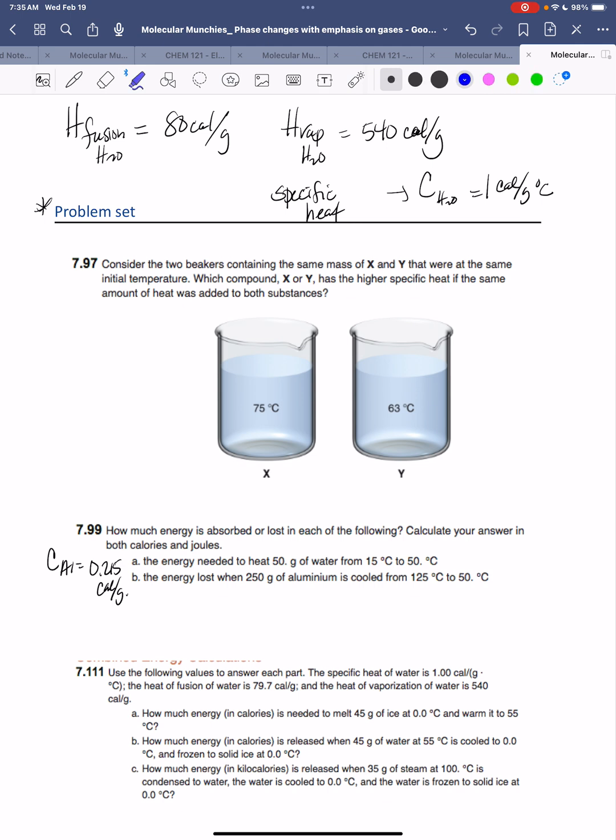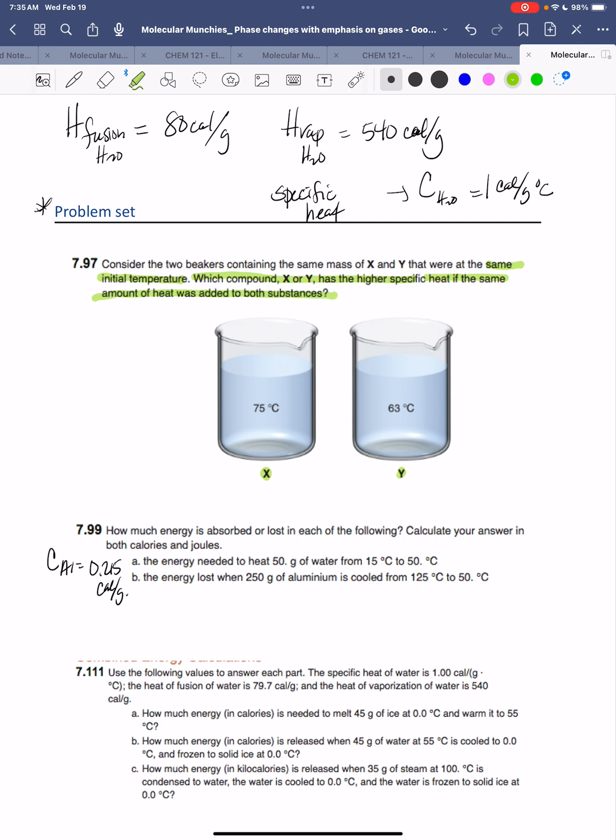So in this first question, basically, we have two beakers. We have two different substances, X and Y, and they were at the same initial temperature. The question is, which compound has a higher specific heat if the same amount of heat was added to both substances, so over time it was exactly the same.